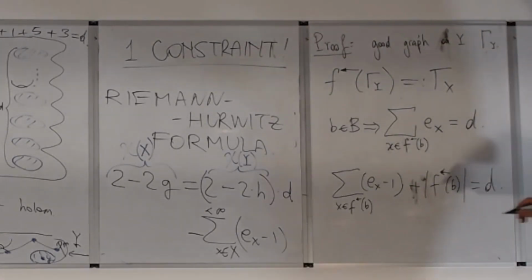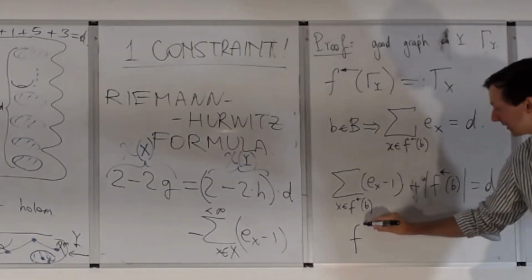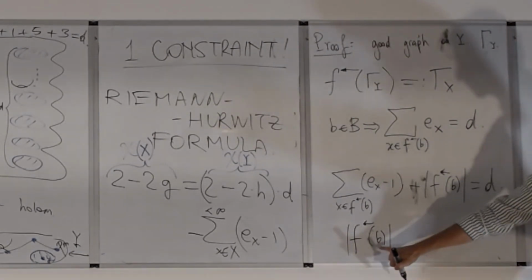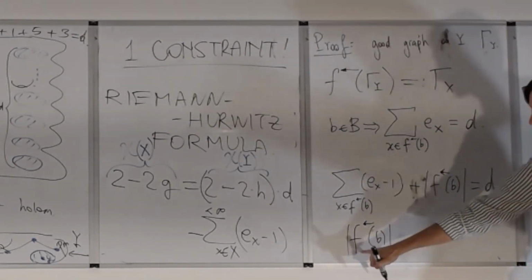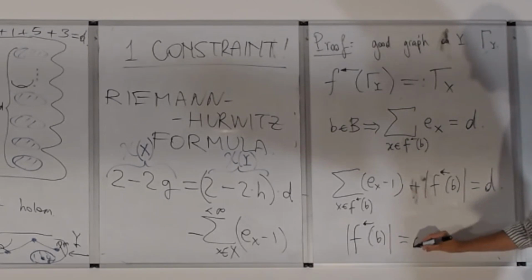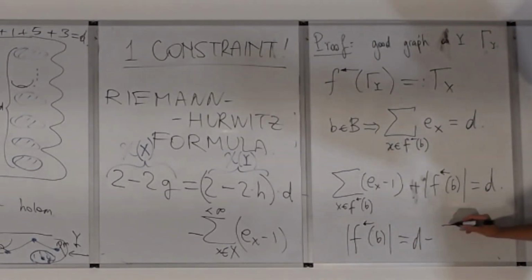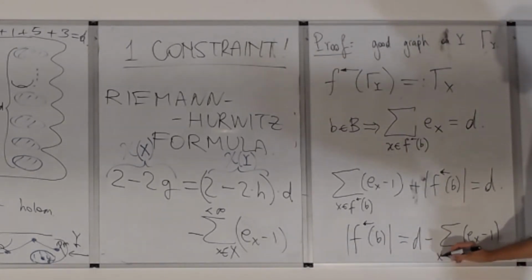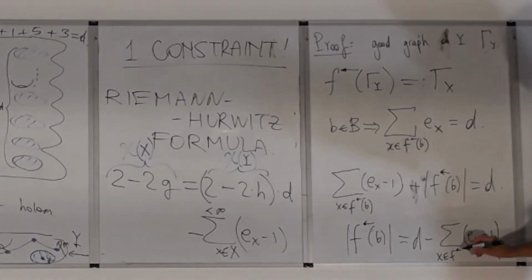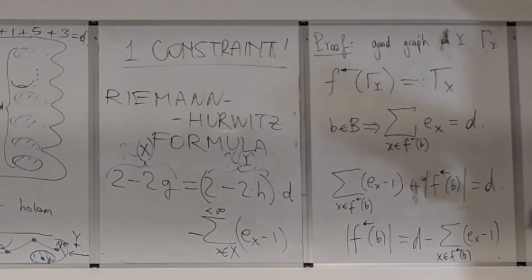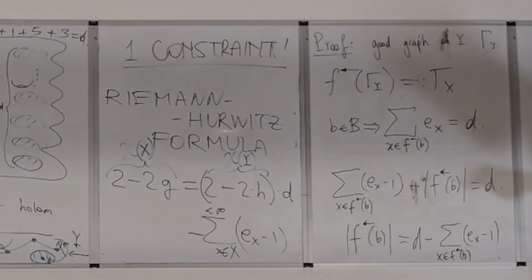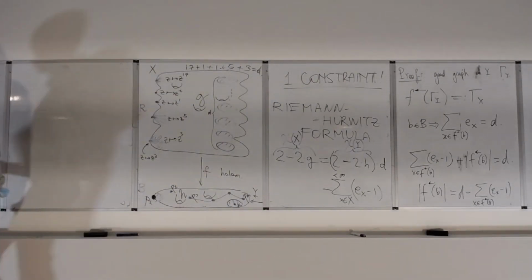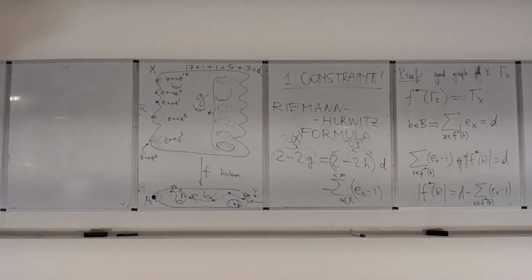Okay, so now the cardinality of the pre-image, now it's not a generic point anymore. This is in B. So this is not D. This is actually D minus a defect. And this is the defect. Right? This equation tells you that the more you mess up the sheets, the more defect you'll have.